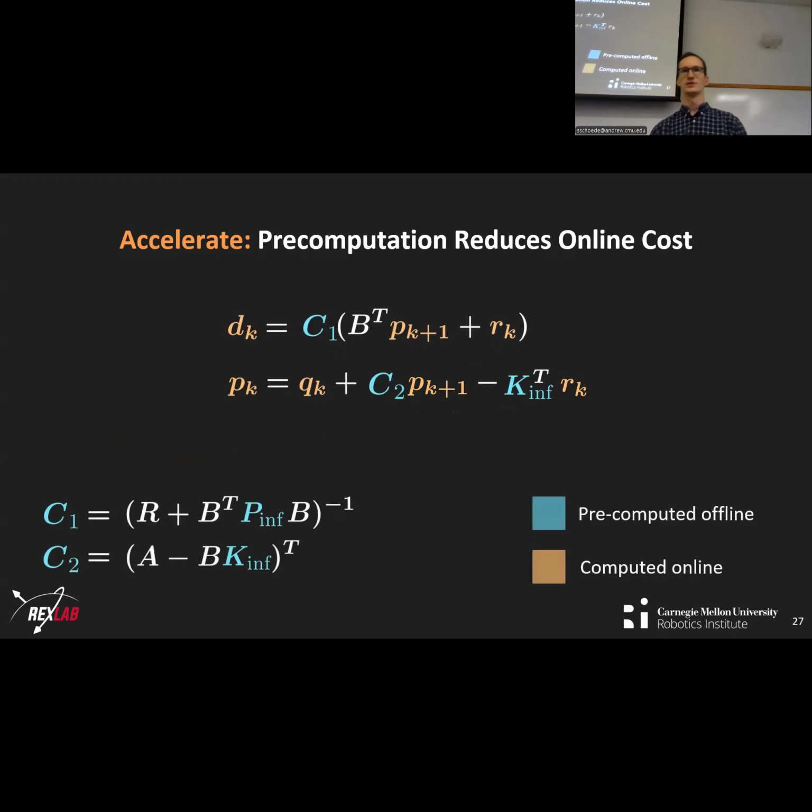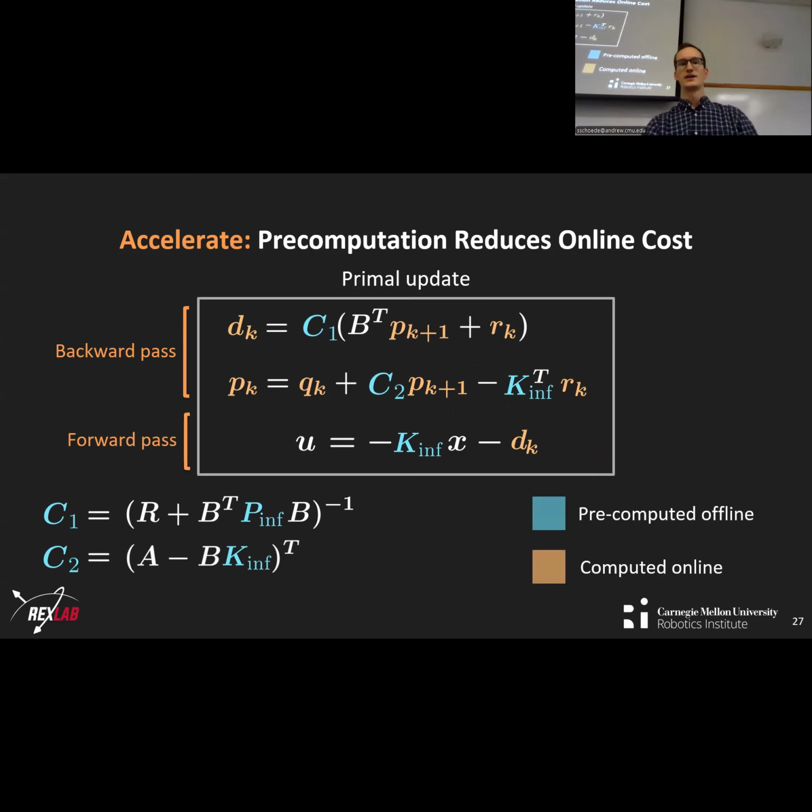And then online, we just have matrix vector products to compute. And so this becomes O of n squared. This is our backwards pass, which is what we're going to refer to it as. And then in the forward pass, you can use that LQR policy along with the linear dynamics to roll out your decision variables. And so now this is our new primal update. It's O of n squared. We've reduced the computational complexity by doing some pre-computation.